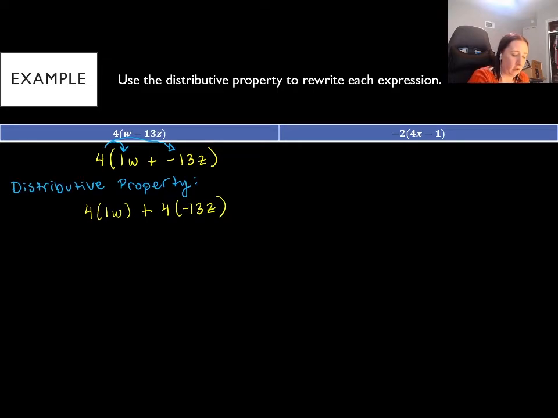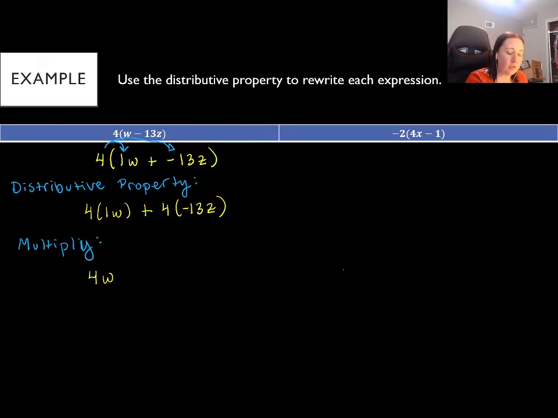So we're actually going to do the multiplication. So multiply. 4 times 1 is 4, so this gives us 4w. And the variable just hangs on. It's like if you had 4 apples and you're doubling them, you have 8 apples. It just hangs on there. It's not relevant to the actual number portion.